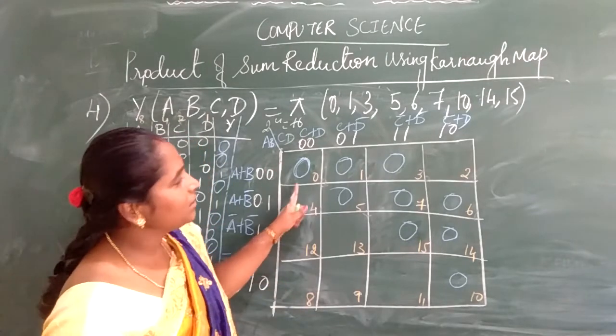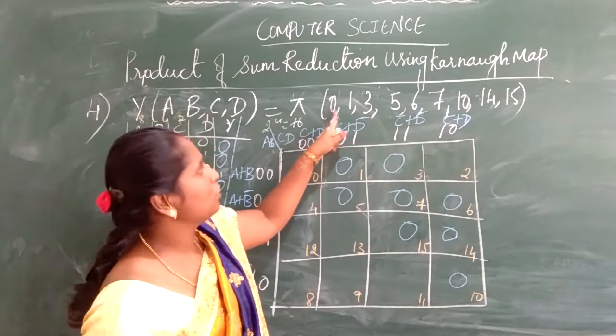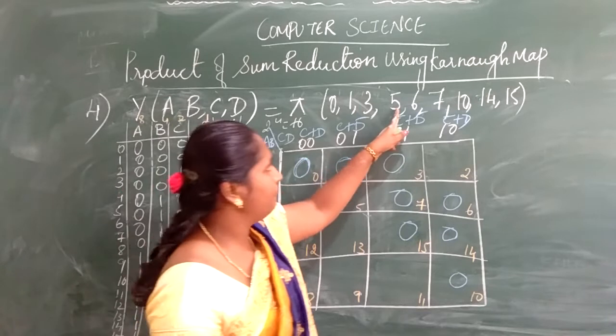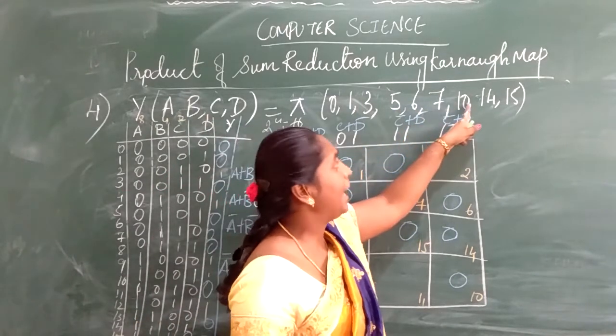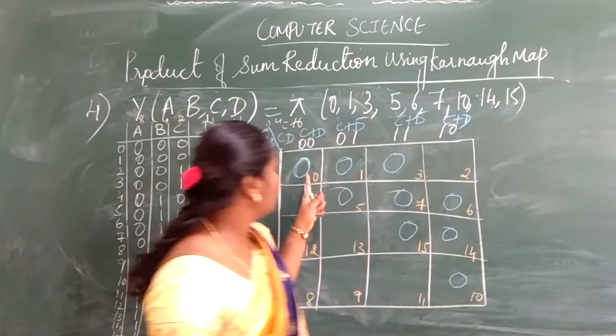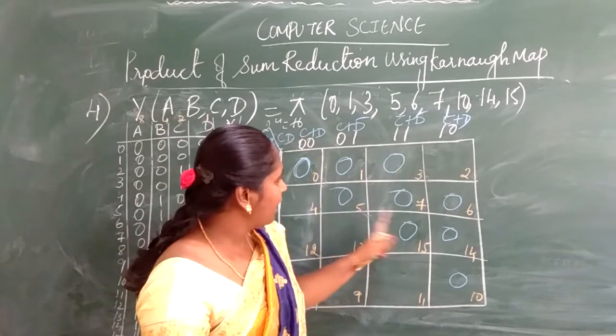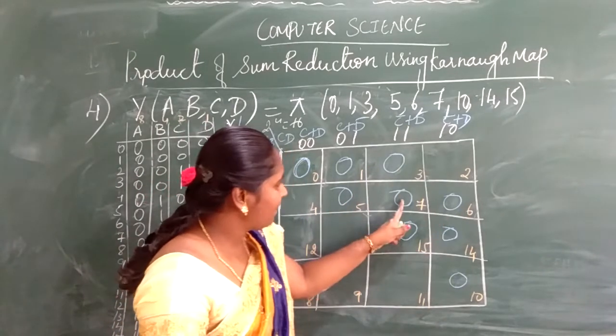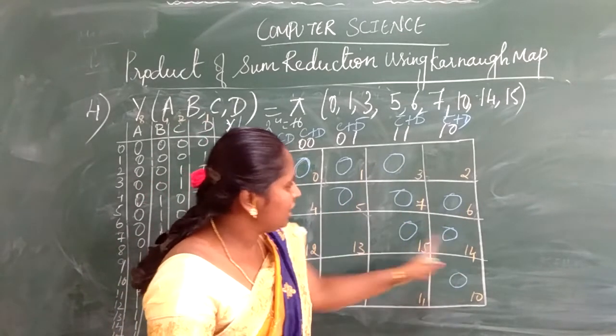So we have marked the maximum of M0, M1, M3, M5, M6, M7, M10, M14, M15. Check it: 0, 1, 3, 5, 6, 7, 10, 14, 15.